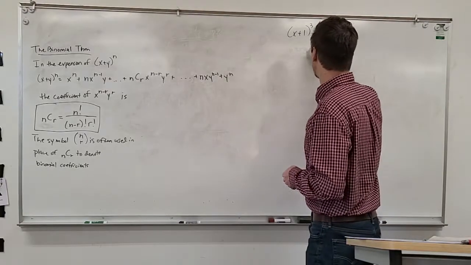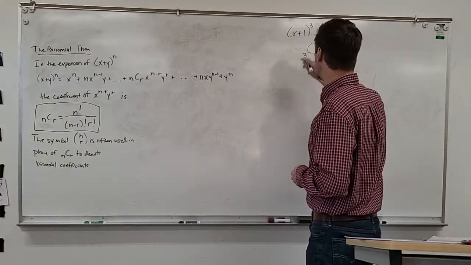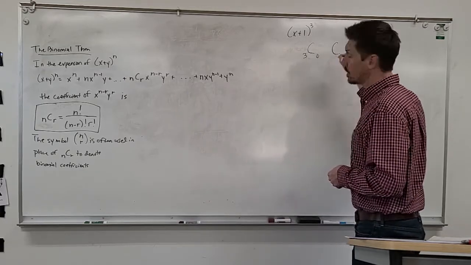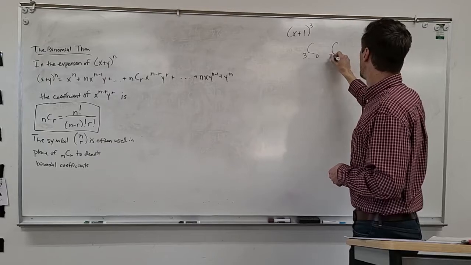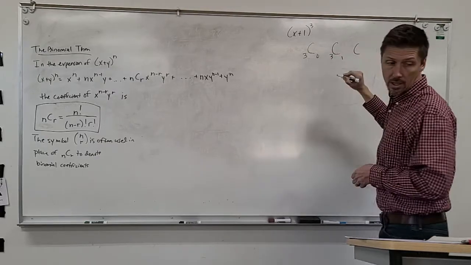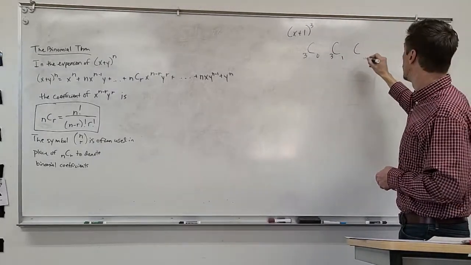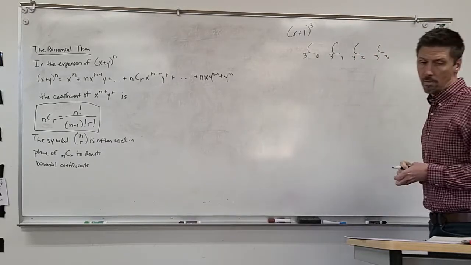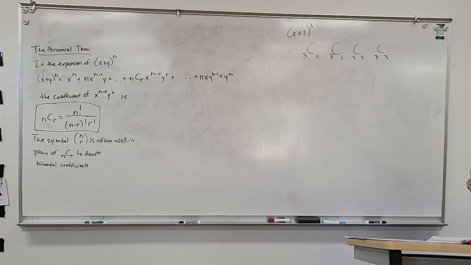We start with the 3 because it's raised to the 3rd power. And then we go 3 choose 1, and 3 choose 2, and 3 choose 3. Those would be our binomial coefficients.